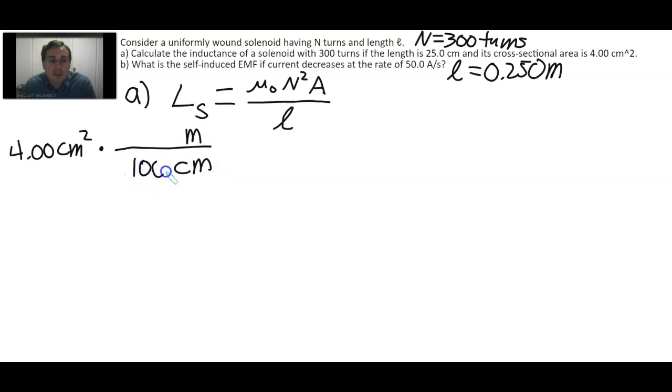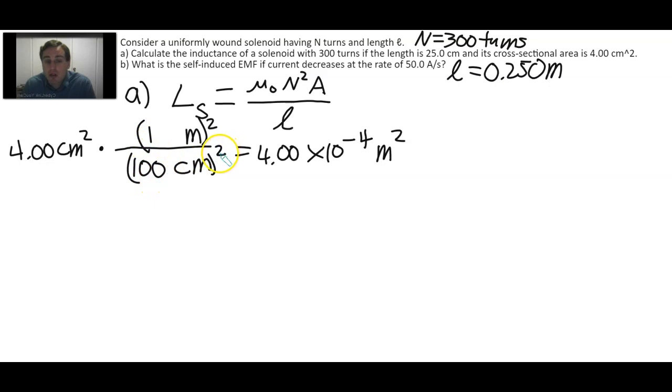There's 100 centimeters in 1 meter, but we have to square this relationship. So I think that we get 4.00 times 10 to the minus 4 meters squared. Hopefully you see where I get that. It's 1 over 100, which is 1 over 10 squared.